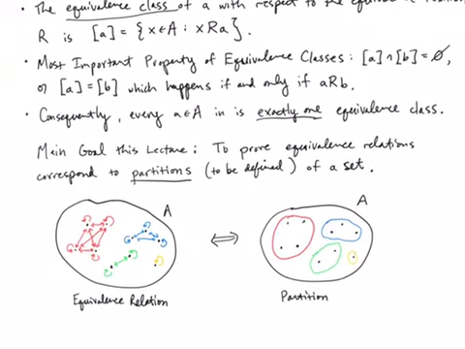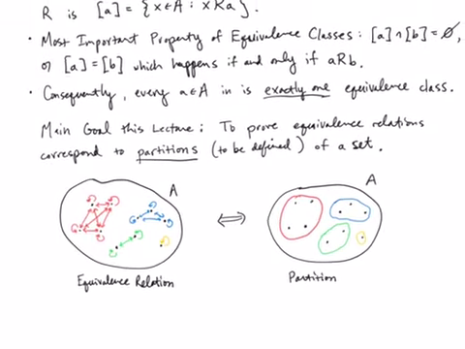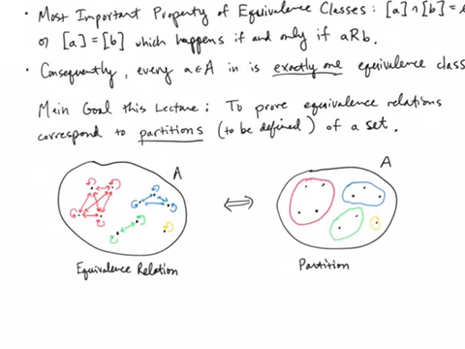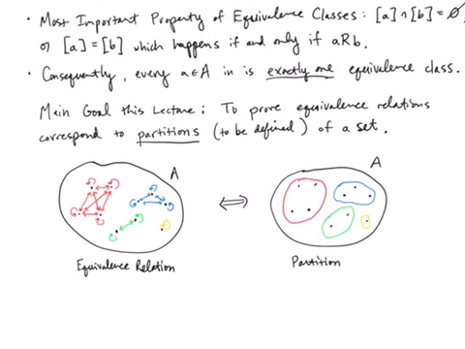So every element is in exactly one equivalence class, and so the picture that you get is something like the one below. Basically what happens is that your equivalence relation breaks your set A up into different pieces, which is what we're going to call a partition.